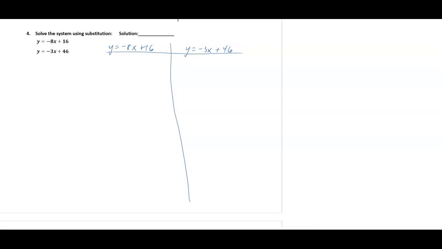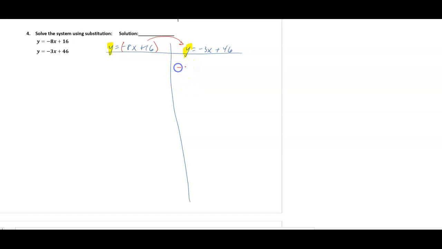If I notice, each equation is solved for y. So this one, it doesn't matter which value of y we plug in. So I'm going to take this value of y, and I'm going to plug it in the place of this y value.